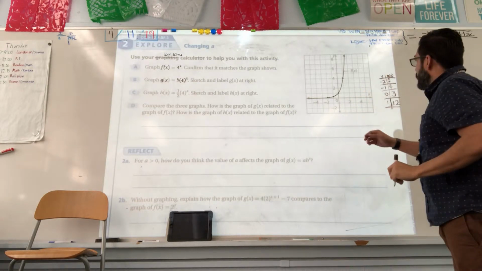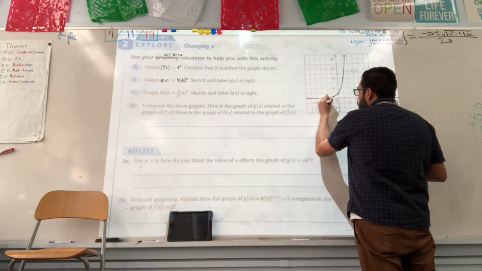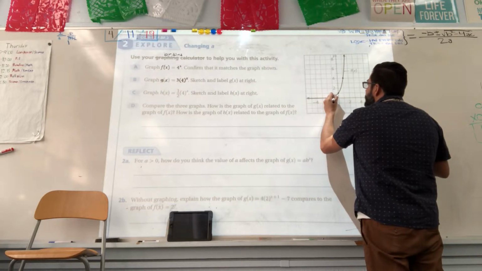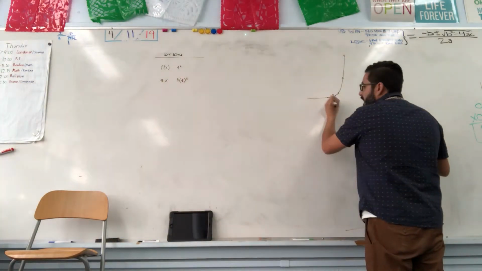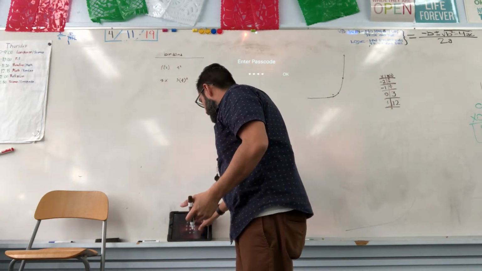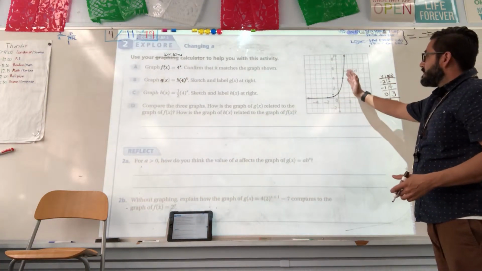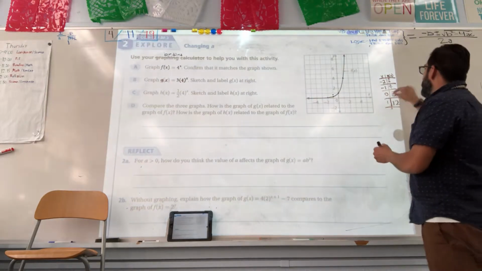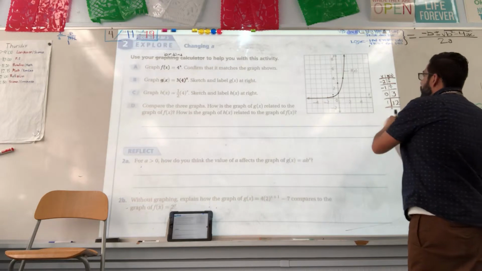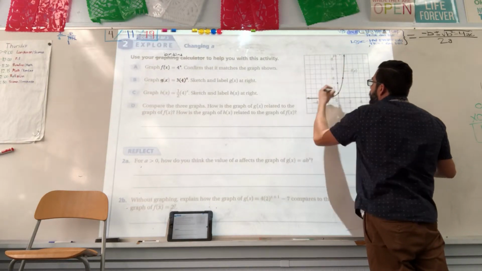So if we're looking at that, negative 2 is 3/16, which is probably a little bit higher than this one. 3/4 is, I would say, probably right about there, and I'm just eyeballing it, so if it doesn't happen to be the right position, it's okay. 0 is 3. And then 1 is 12, which is going to be up here. So we're not even going to hit 1. We're probably going to hit right around there.